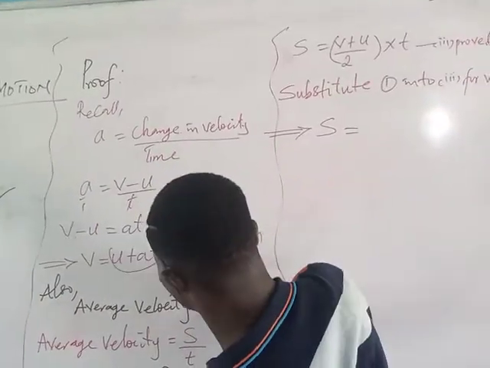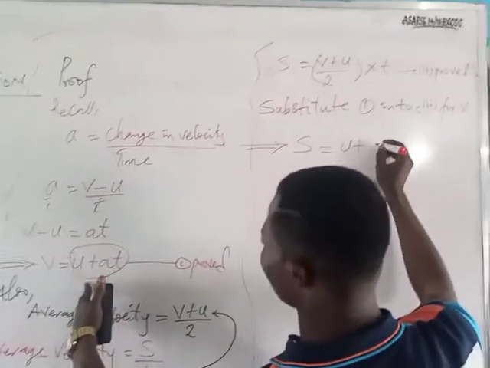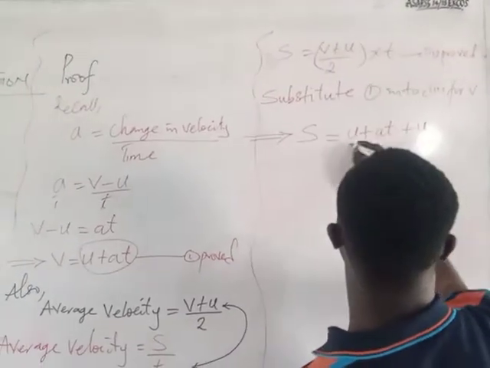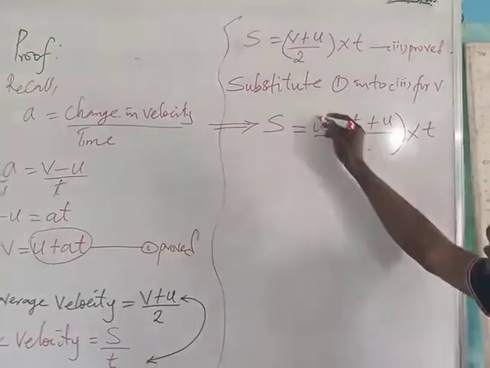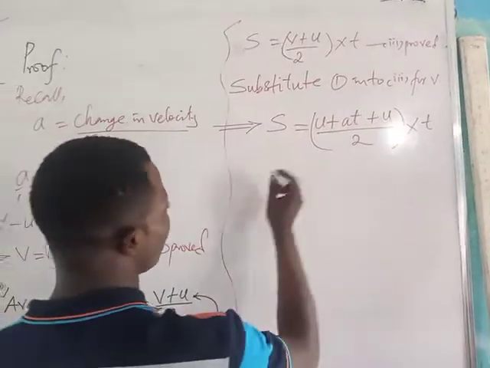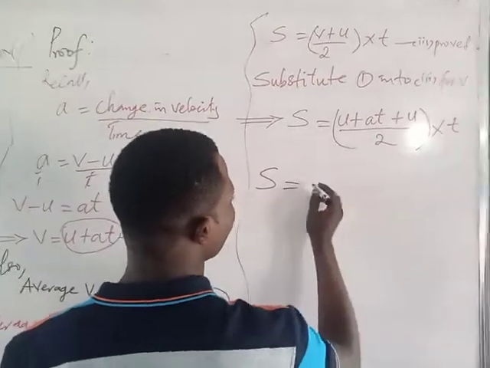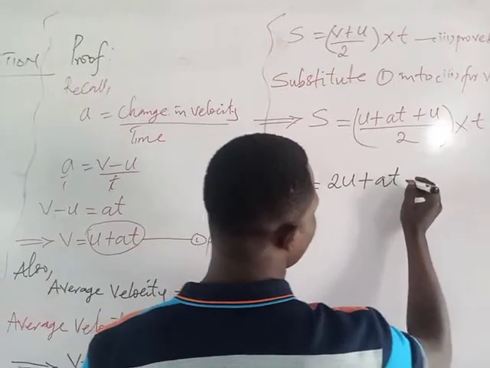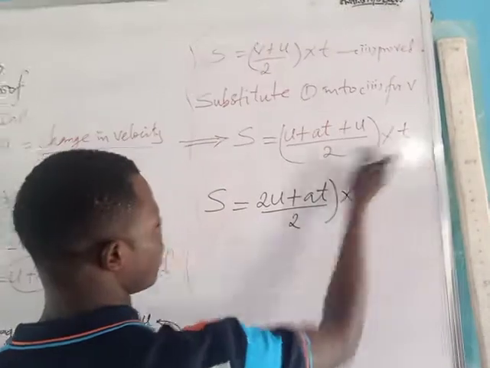By the time we substitute everything here for V, we are going to have U plus AT, then plus our U, all over 2 times T. So let's simplify this and see what we are going to have. If we simplify, X is equal to this plus this, which gives you 2U plus AT, don't forget all over 2 times T here.